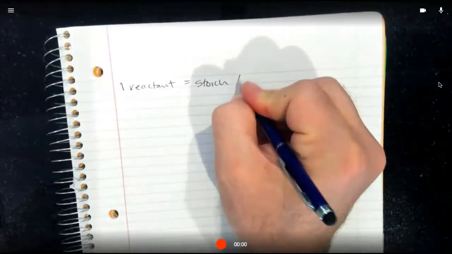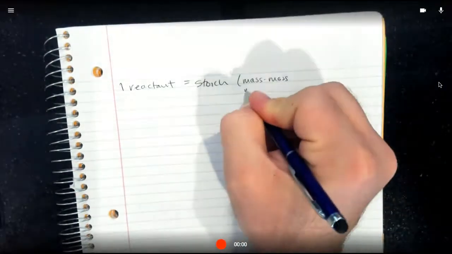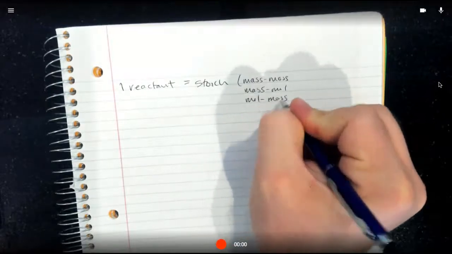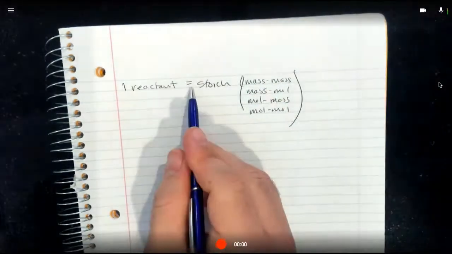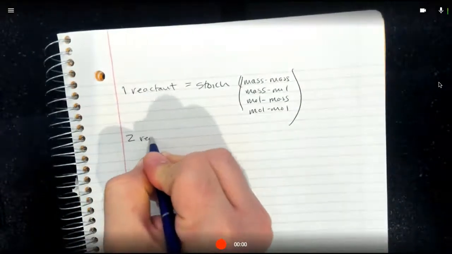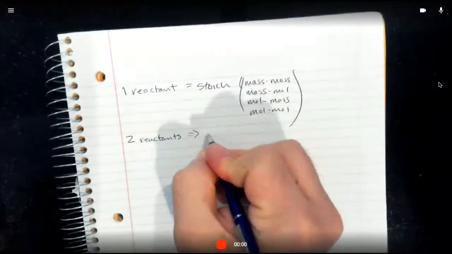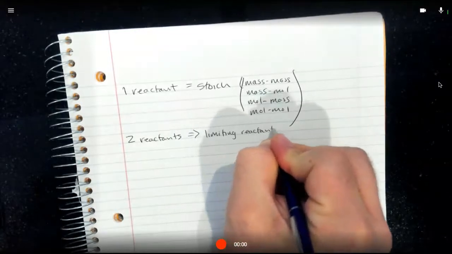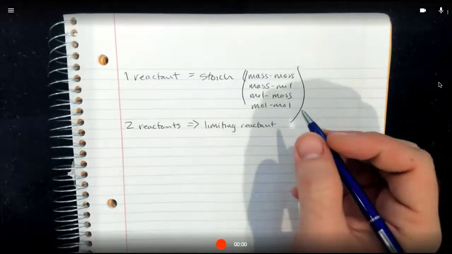So that's going to be mass-mass, mass-mole, mole-mass, or mole-mole. If you just have one reactant, it's just going to be a basic Stoich problem. If you are presented with two reactants in your problem, then that's going to be a limiting reactant style problem. Refer to the other videos on how to solve those. Let me know if you have questions.